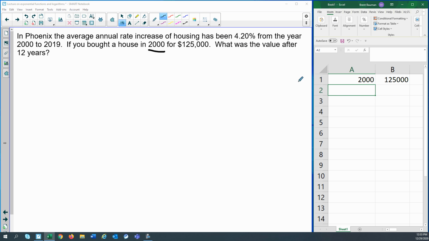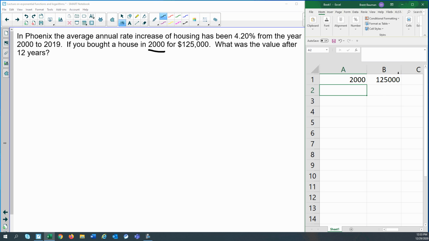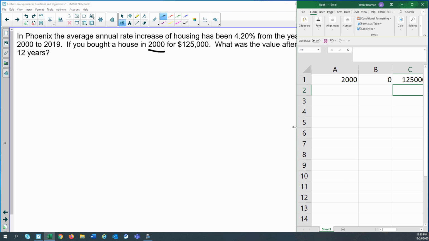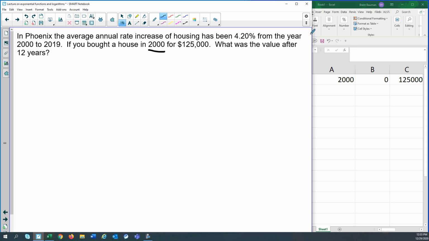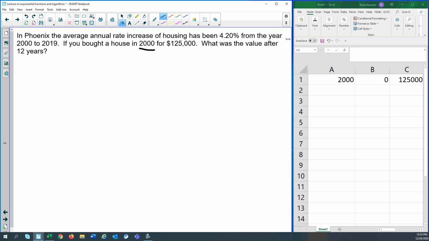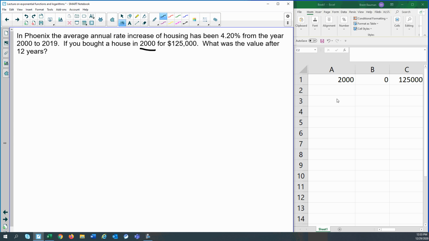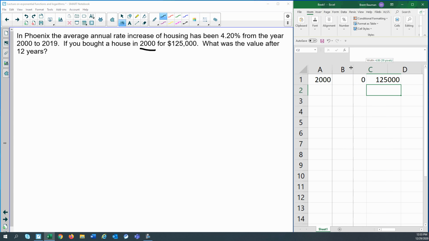So it might be helpful if we have our year there, just so we can use that as we start calculating. Okay, so you have the initial cost in year 2000 was $125,000.